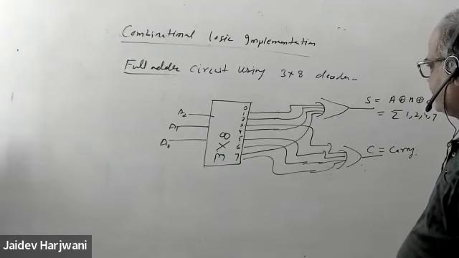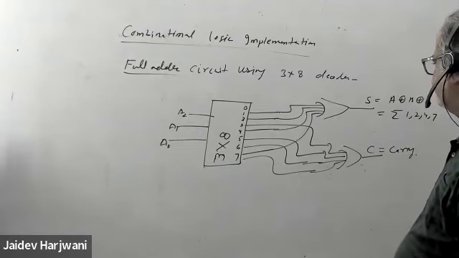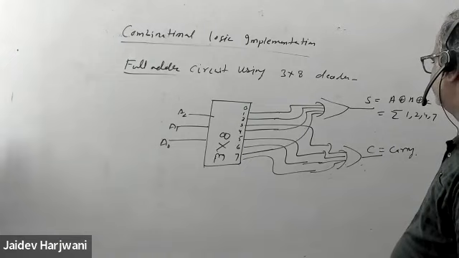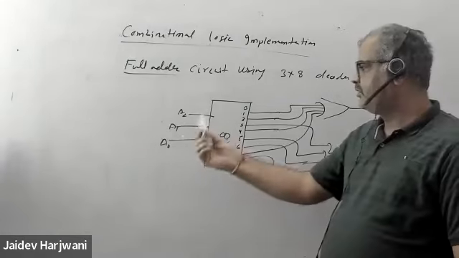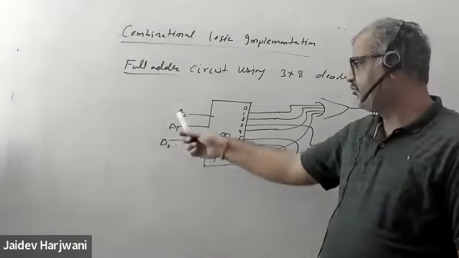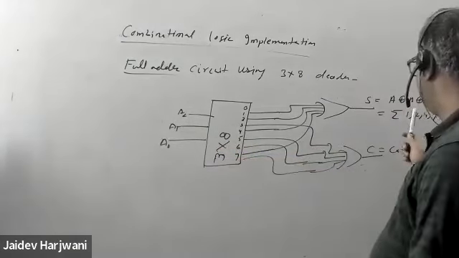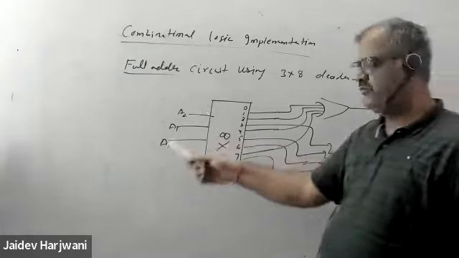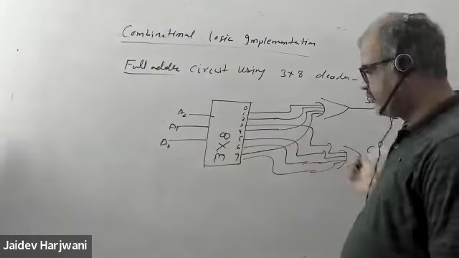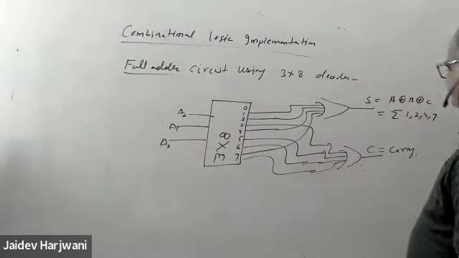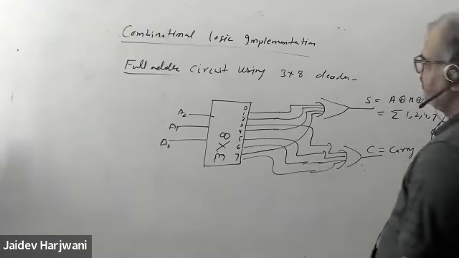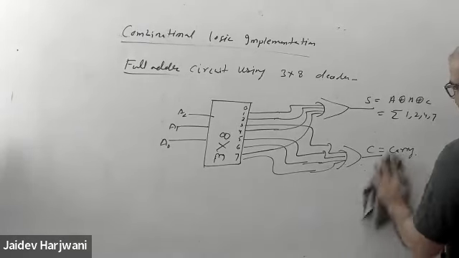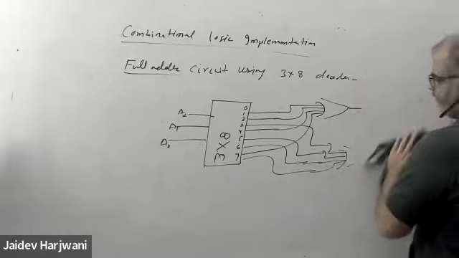Depending on the input value, what you want to add, you put it here. Accordingly, you get the answer from here. What is the value of A1, A2, A3? Accordingly, you get the output here. So this is your implementation of the logic circuit.